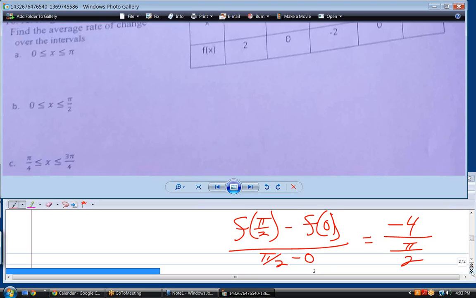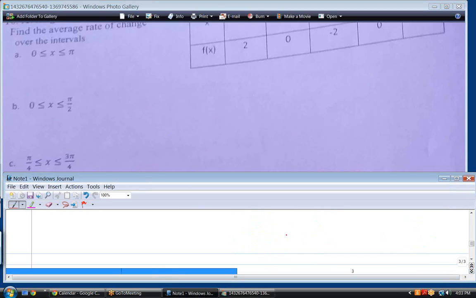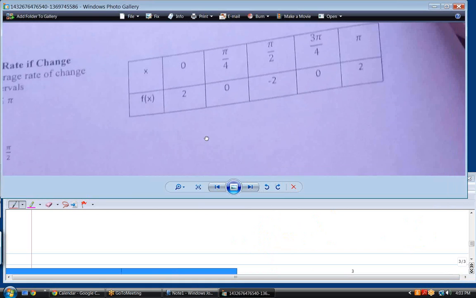What about this one, from pi over 4 to 3 pi over 4? So it'd be 0 for the top. Good. Which means that the average rate of change is going to be 0 except in one instance, and that is if the denominator is 0.